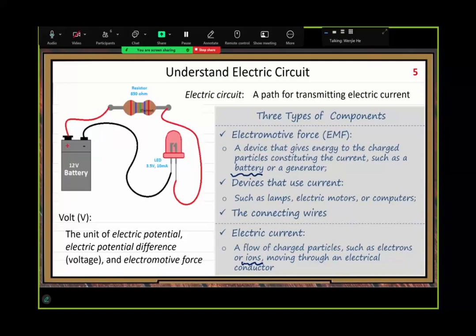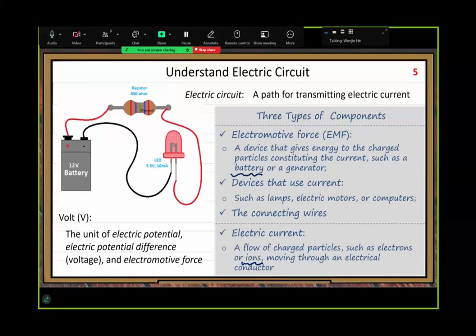First, the potential meaning, right? Electric potential difference, voltage, and electromotive force. All right. So here, let me explain in this way.